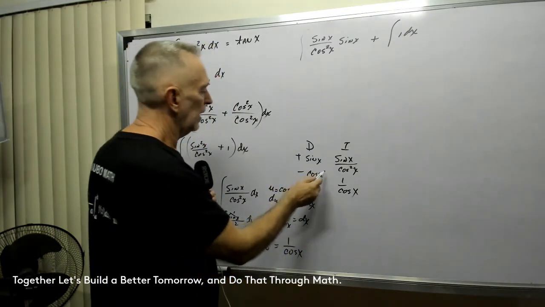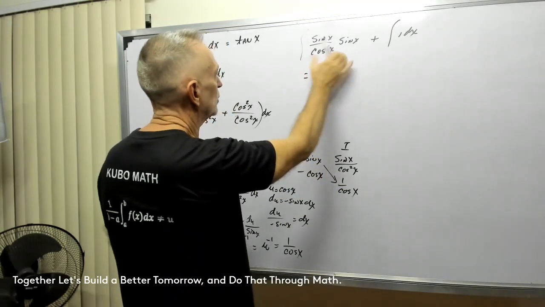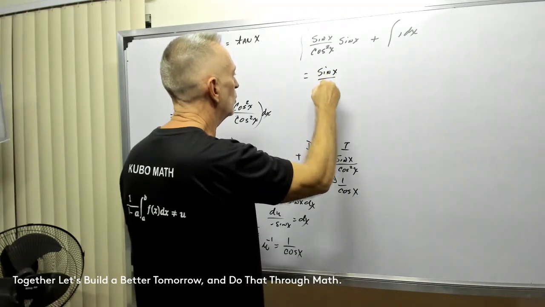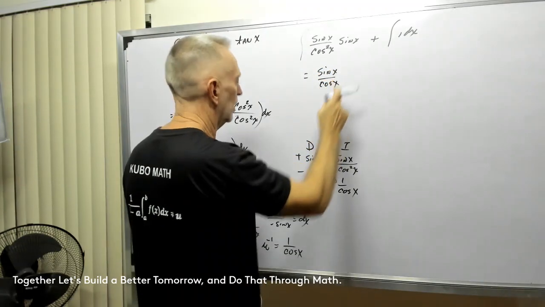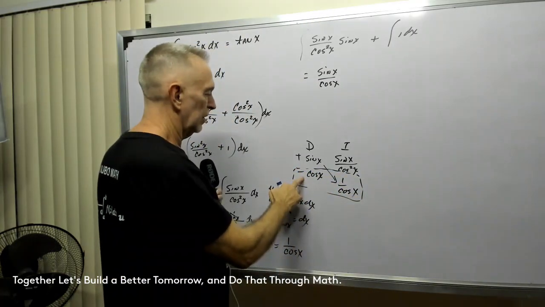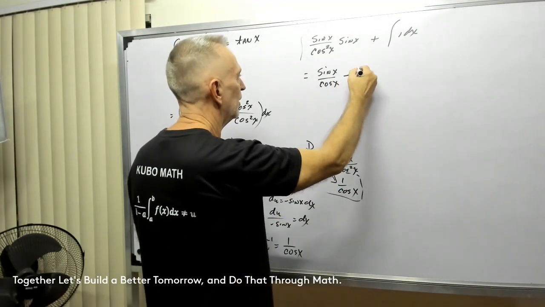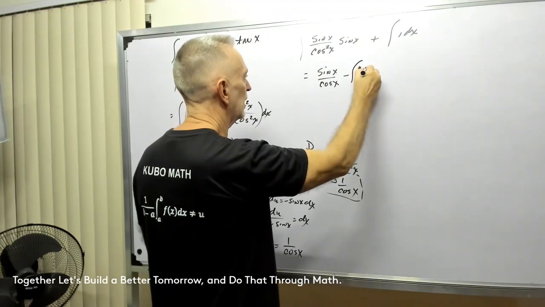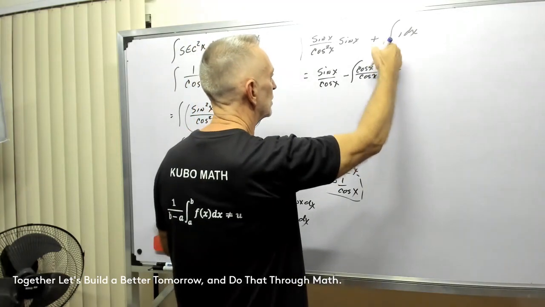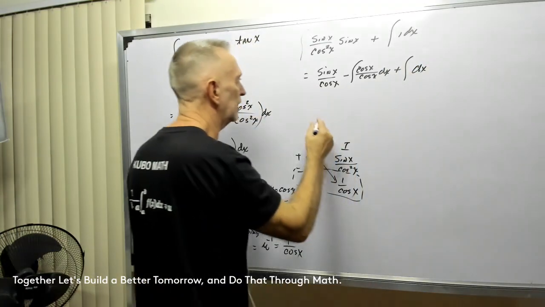Okay, so now what do we have? We have sine x over cosine x. Now we have to integrate this piece. Well, I have negative cosine x over cosine x, so I have negative the integral of cosine x over cosine x dx, plus this integral here, plus the integral of 1 dx, or just dx.